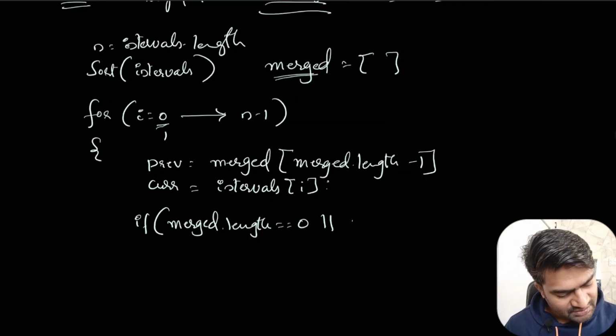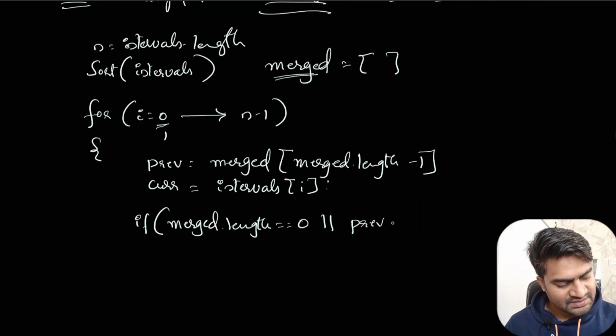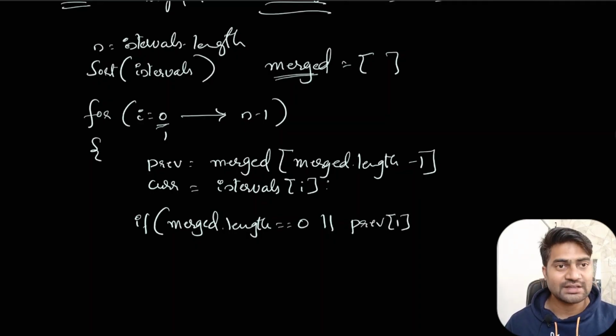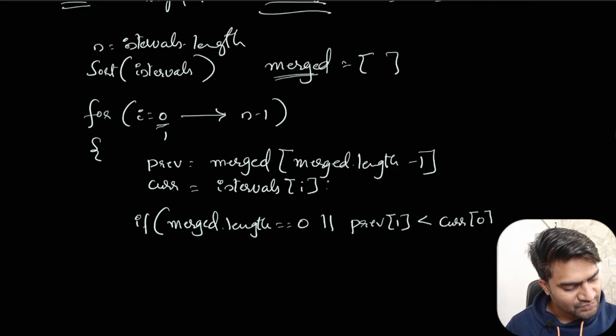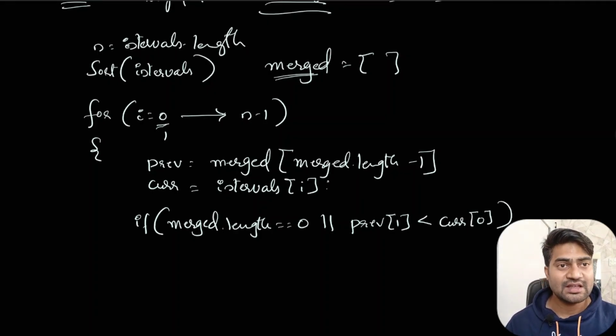Now if my previous of 1, that is basically the last value, if it is less than my current of 0, which is the current start value, if this is the case, then merge can't happen here.